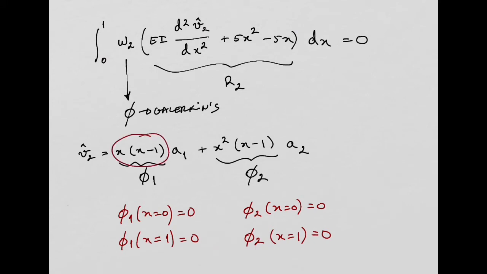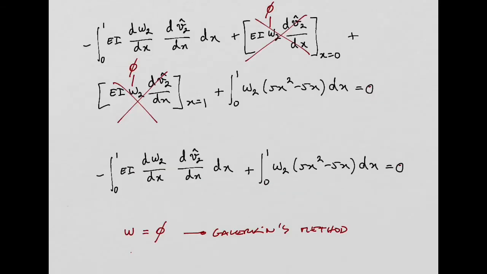So this is shape function number 1, shape function number 2. If you evaluate, for example, shape function number 1 at x equal to 0 and x equal to 1, you can see clearly that shape function phi1 is going to be 0 at both boundaries, both supports, and same happens for the shape function phi2. When you replace x by 0 and x by 1, it is also going to be equal to 0. That is the reason why these two terms here, when after integrating by parts, they become equal to 0.